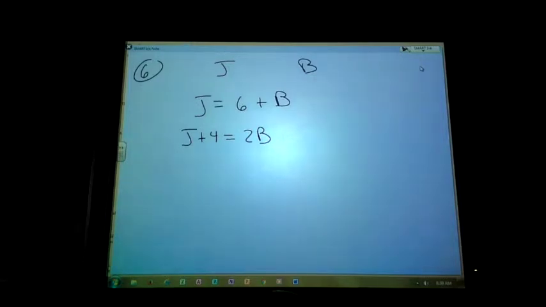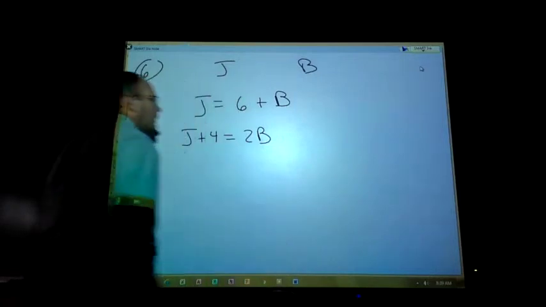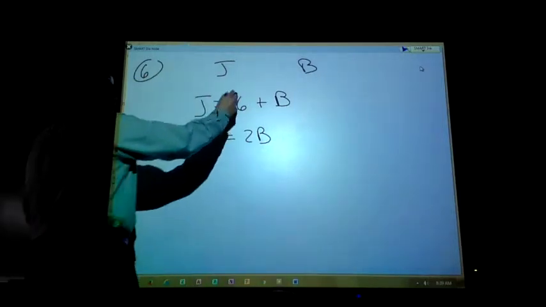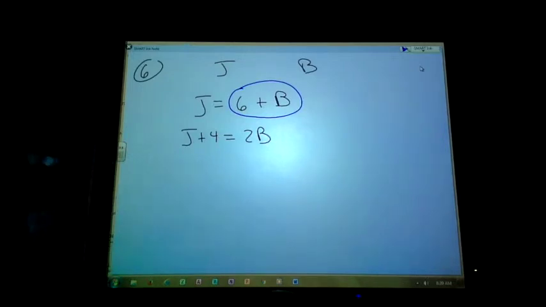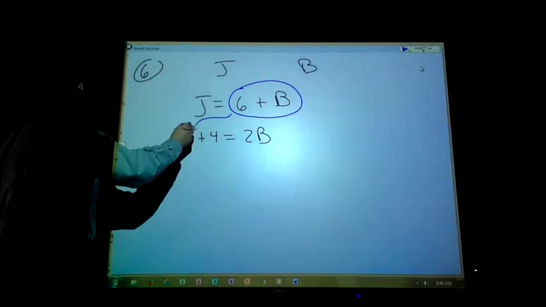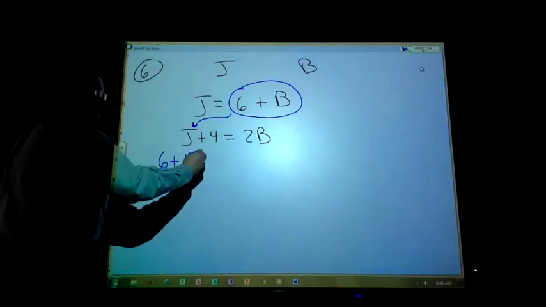Okay. I like it. Let's see. What do we know J is equal to because of our equation? 6 years older than his brother. So 6 plus B. So what do you think I can do with that in reference to my second equation? Yeah, this can go right in for the J. Okay, so I get 6 plus B plus 4, right?